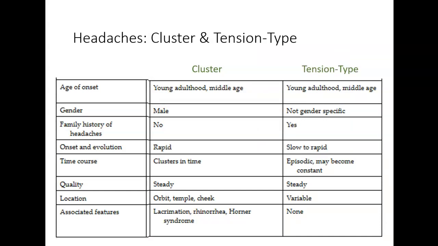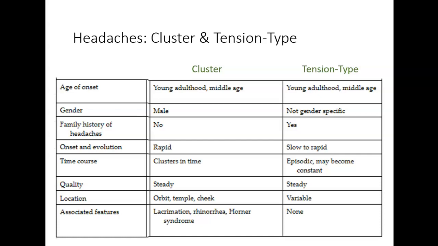So here's the difference between cluster headaches and tension type headaches. On the left, what you see is criteria like what's the age of onset, what gender's affected. Again, I think this is pretty straightforward. If you look at cluster headaches, they're actually quite different than tension type headaches.